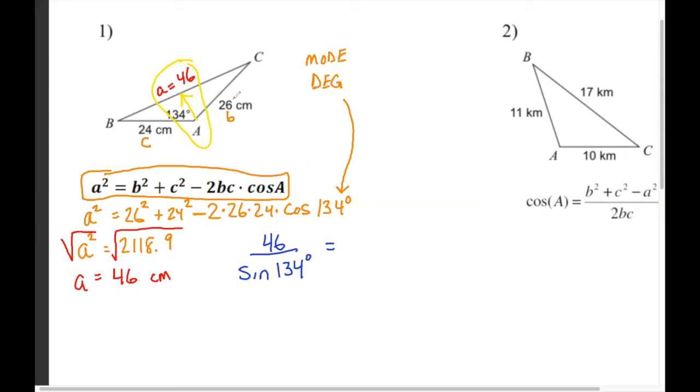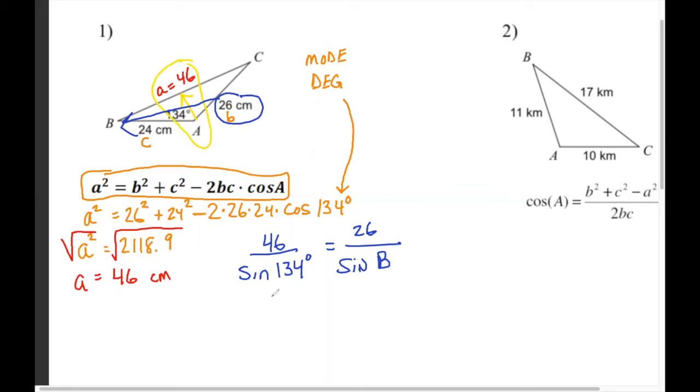So how about we grab B here, which is 26, so that's 26 over the sine of its opposite angle, which is capital B over here, which is unknown, so we must leave it as capital B. Next step, cross multiply.